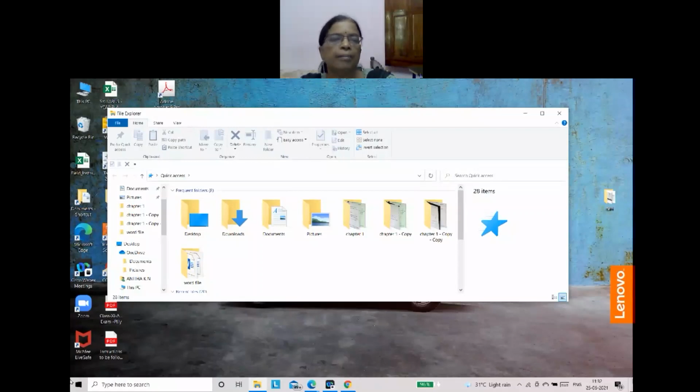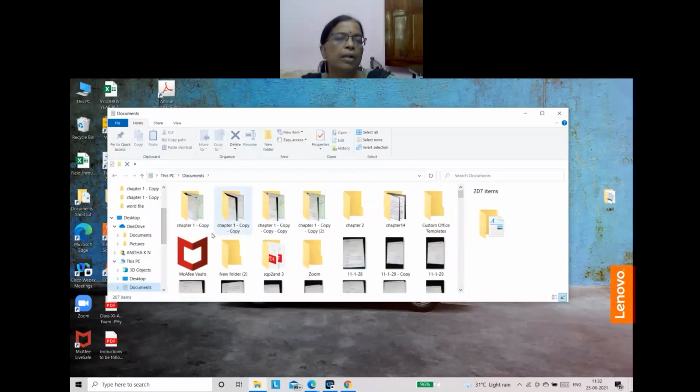Limit delta t tends to 0, delta x by delta t. Or in differential calculus, what is the equation? Mathematically, how is it represented? dx by dt. Very good. dx by dt is the first derivative of position with respect to time.